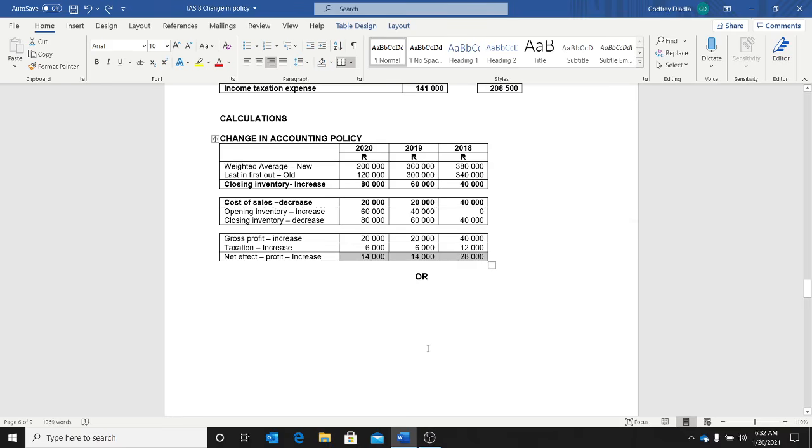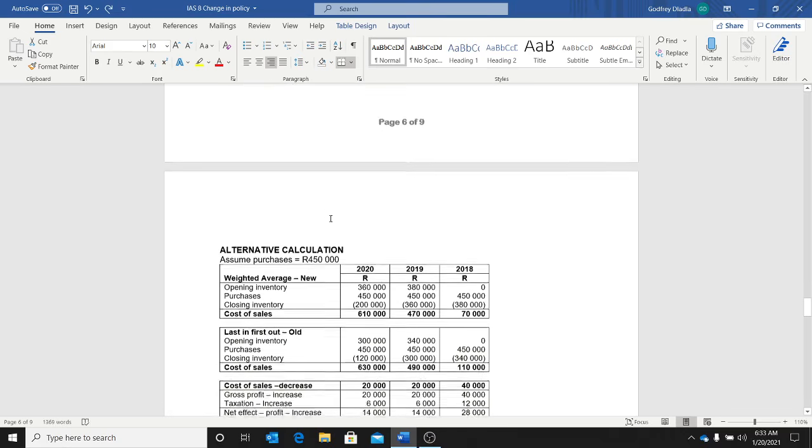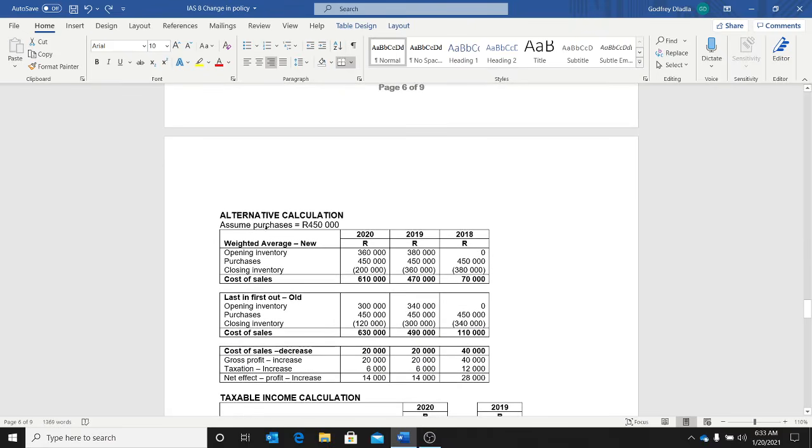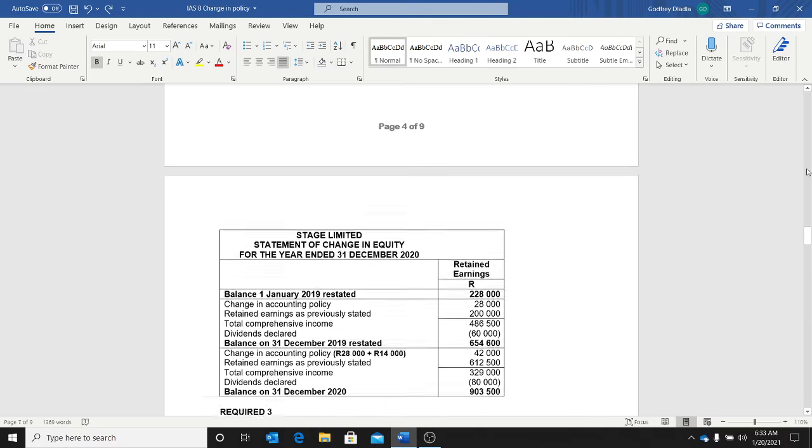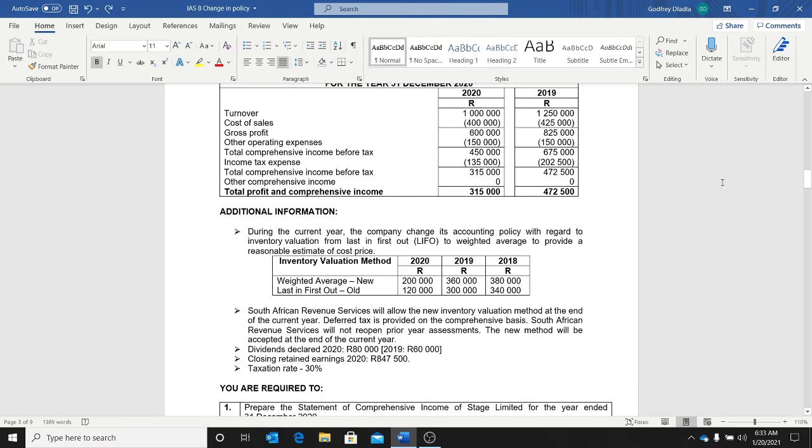So that is what is happening in that example. Those are your calculations, the way they move. So just to show you this alternative one, I usually say to people, just look at your figures here.